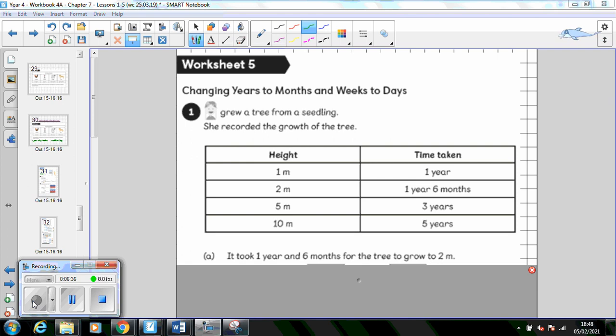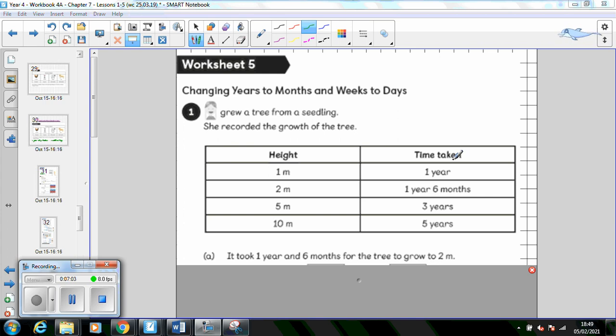Okay, here's our worksheet for today. Hannah grew a tree from a seedling and she recorded the growth of the tree. We can see here the height going from 1 meters to 2 meters to 5 meters to 10 meters. And this is the time it took, the duration. 1 year, 1 year 6 months, 3 years, 5 years.